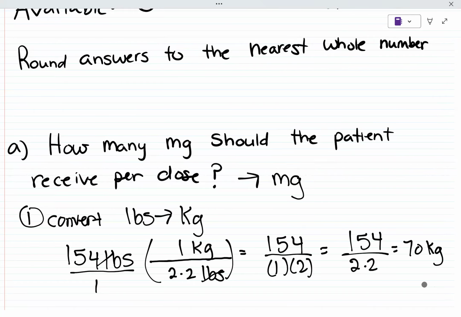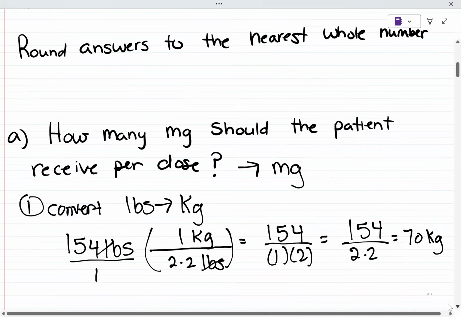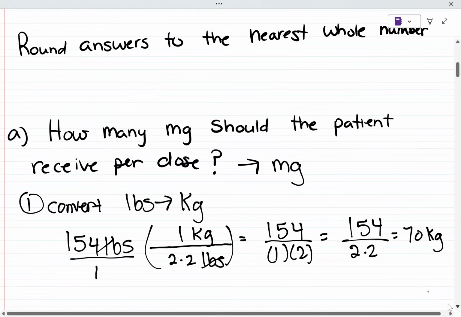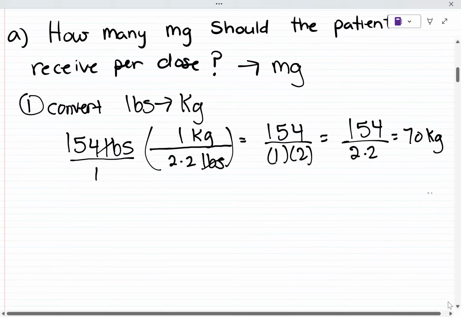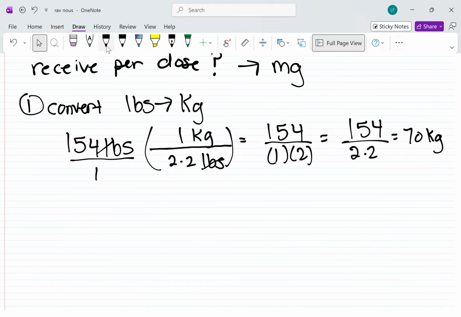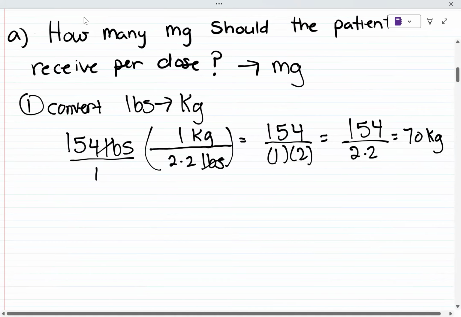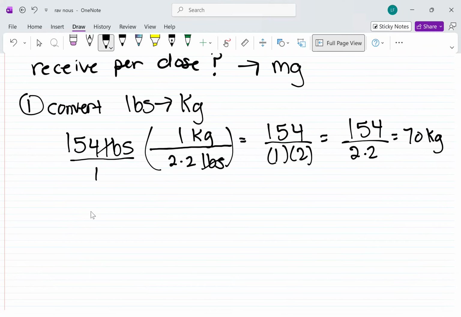Our final answer has to be in milligrams, and right now we are in kilograms. So what do we do next? Then what we have to do is convert those kilograms to milligrams. Use what you have.